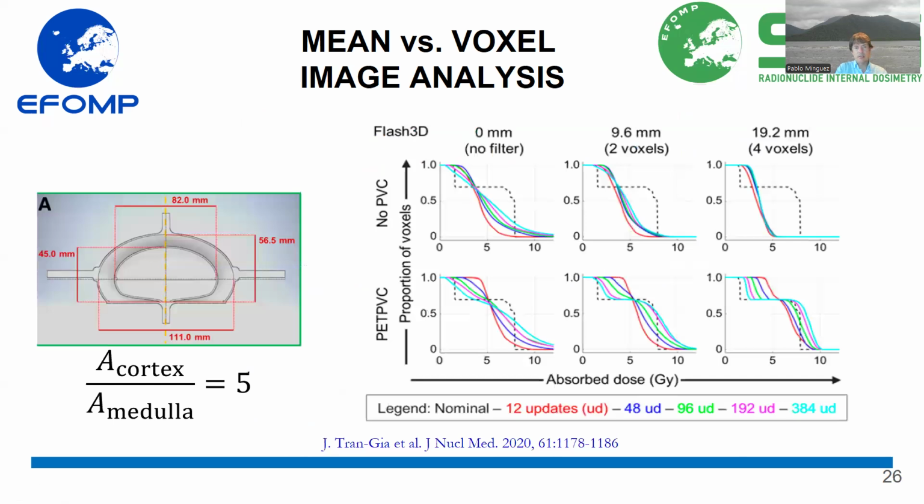Here we can see another example. This is a kidney with the activity in the cortex 5 times higher than in the medulla. And we can see that even if we perform a very large number of iterations and we perform a partial volume correction, our activity distribution at voxel level is going to differ from the real distribution.